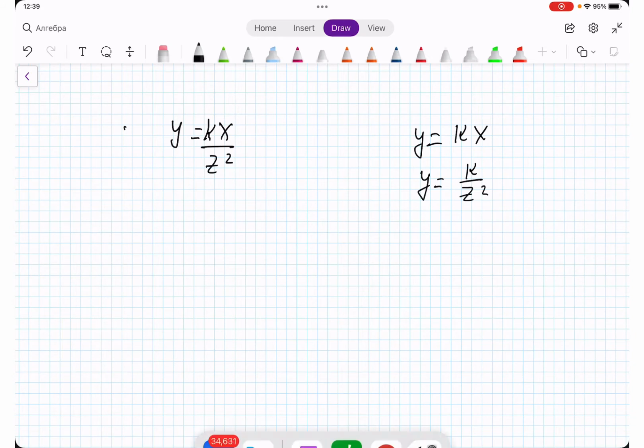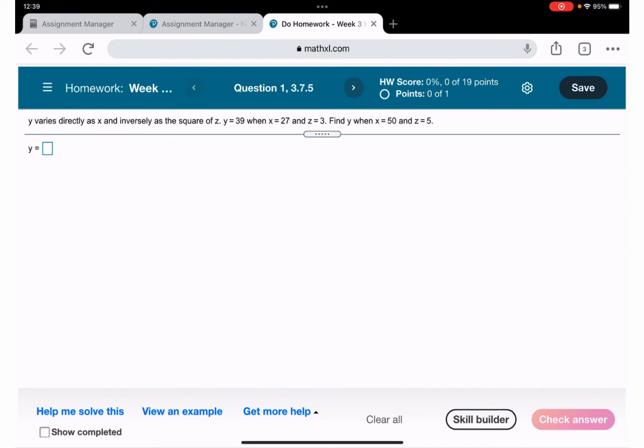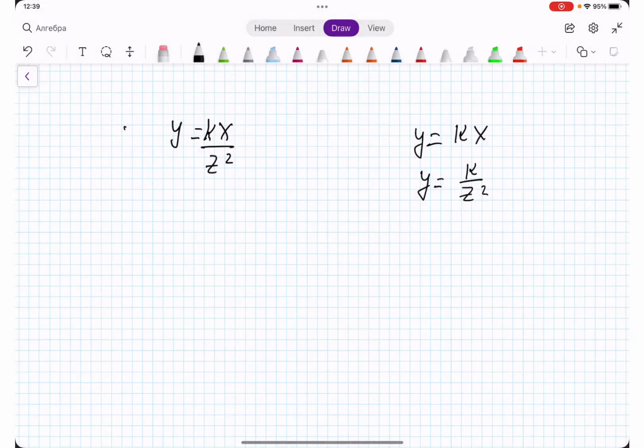Okay, let's write down the data so we can solve it. What do we have? Our y is 39, x is 27, and z is 3. We need to find y when x is 50 and z is 5. How are we going to solve it?